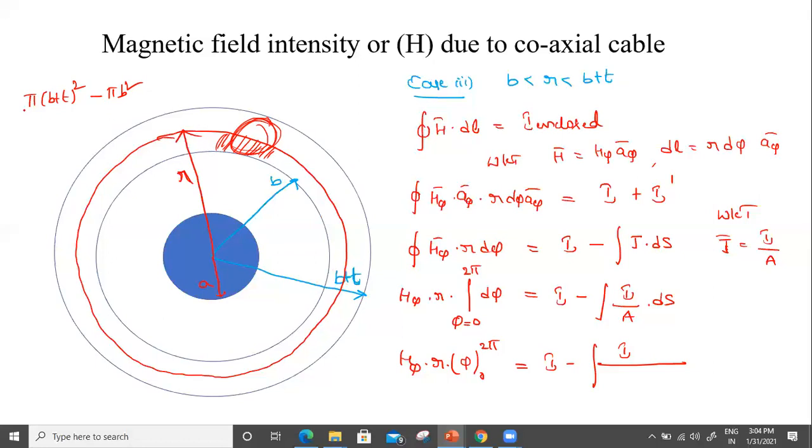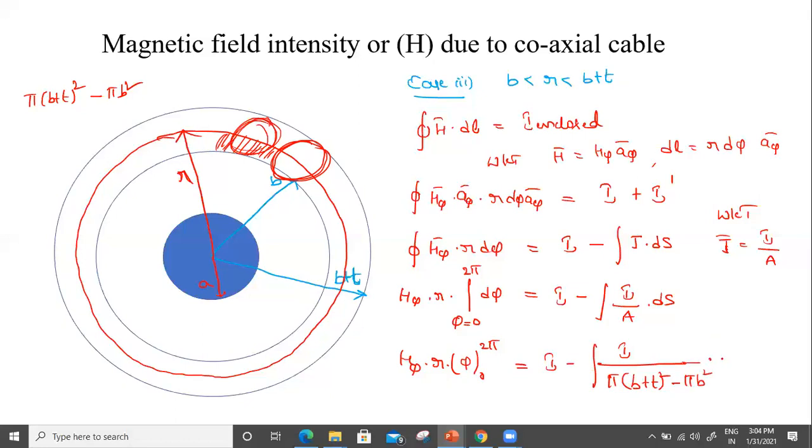Overall area is pi of b plus t whole square, minus the outer conductor area pi b square. If you subtract, then we get the resultant thickness portion. So therefore that may be written as pi of b plus t whole square minus pi b square, into dS.